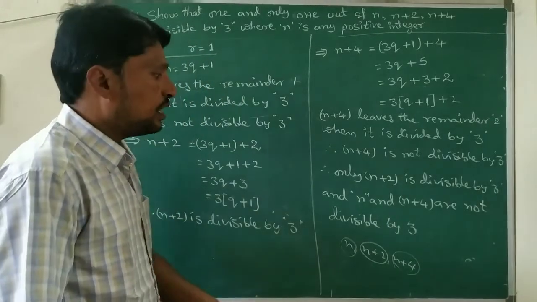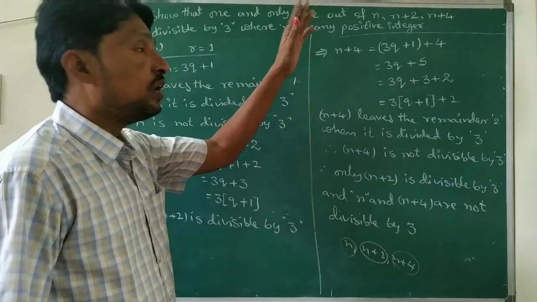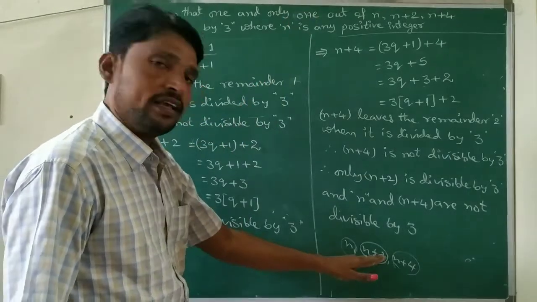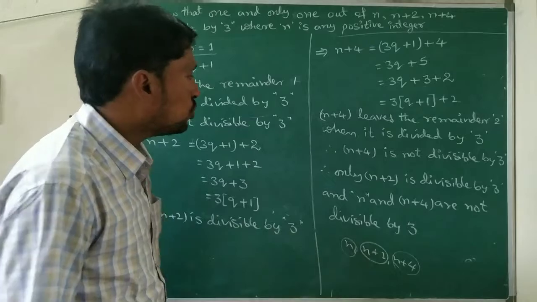So is only one divisible? Here only one, and only one of them is divisible. So here n plus 2 is divisible.